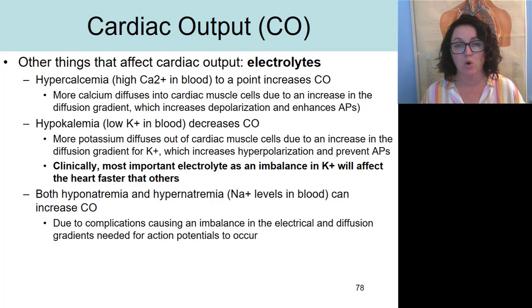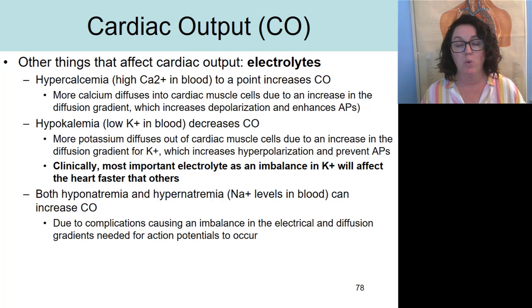Hypokalemia means low blood potassium levels, and low blood potassium can very much decrease cardiac output. If we have low blood potassium, that means that our extracellular potassium levels are low.